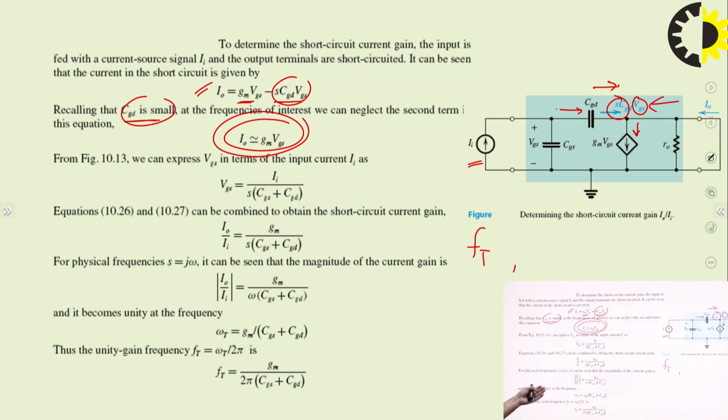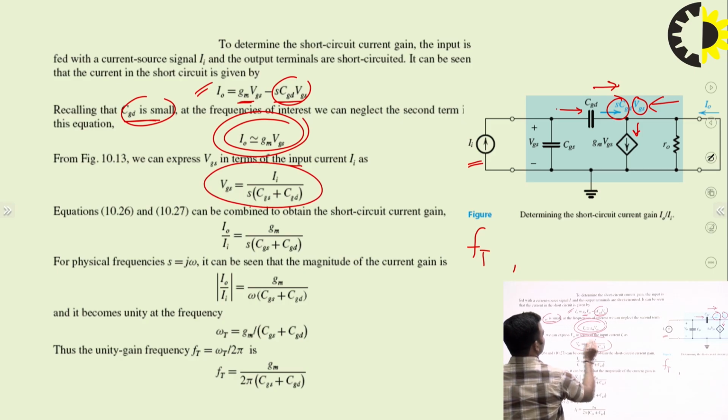You can easily find that the impedance is 1 upon s(CGD plus CGS). That means the input current is multiplied by the impedance provided by these two capacitors.